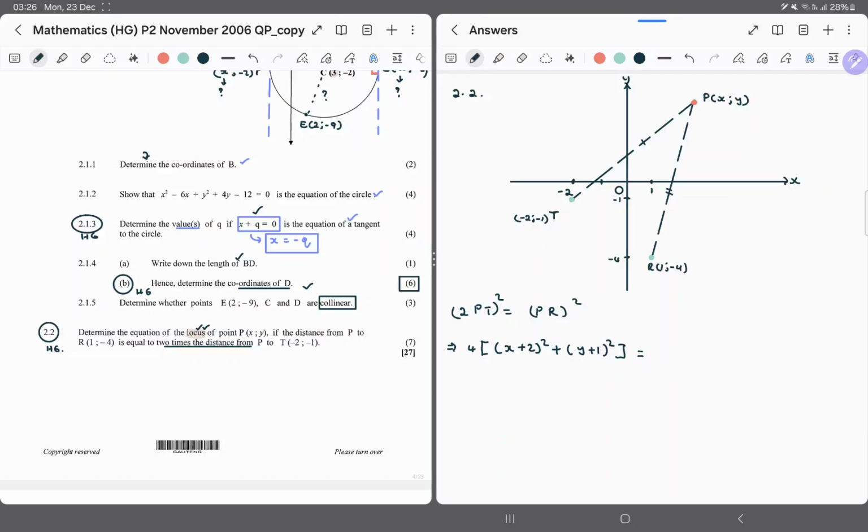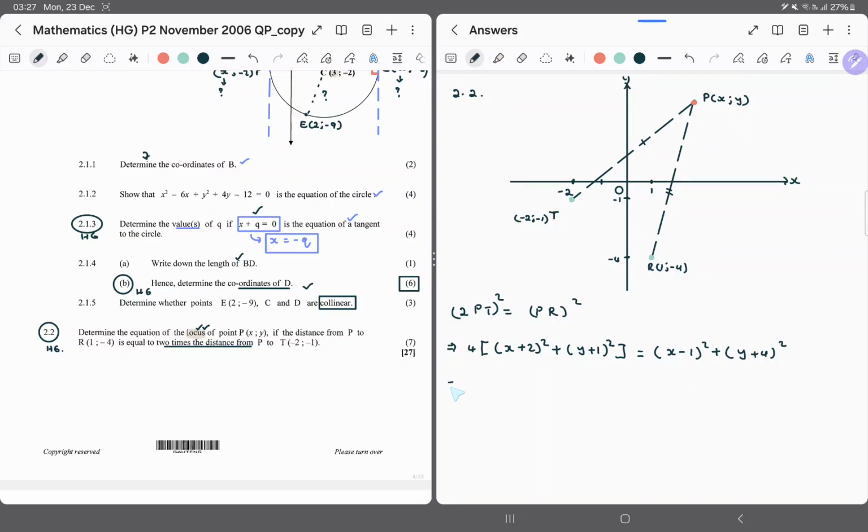This is equal to PR squared, which is going to be x minus 1 all squared plus y plus 4 all squared.